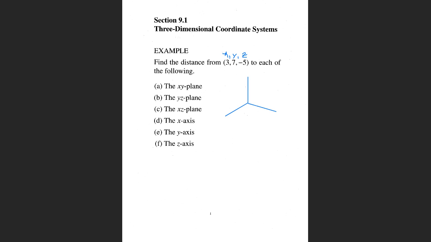I can label it here: z, y, and x. And that's standard for this textbook. So please use that, even if maybe you've seen it differently in another class. We want to use this orientation for this class.